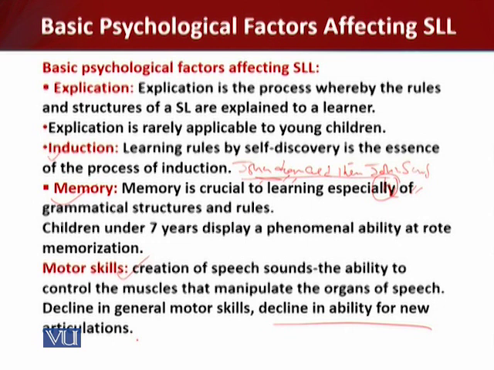Consequently, we can expect that children will do much better in pronunciation of a second language than adults because children have the flexibility in motor skills that adults generally have not.